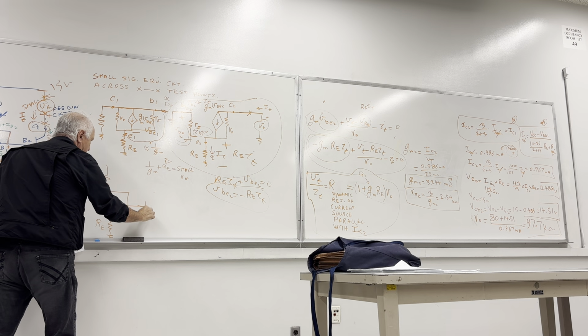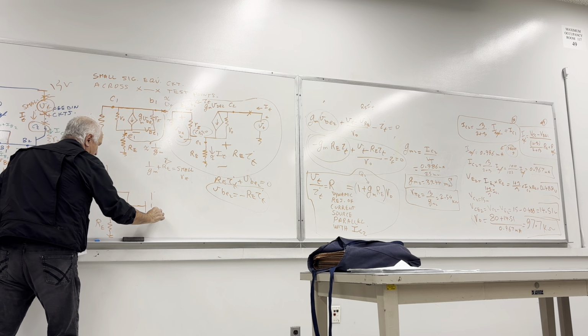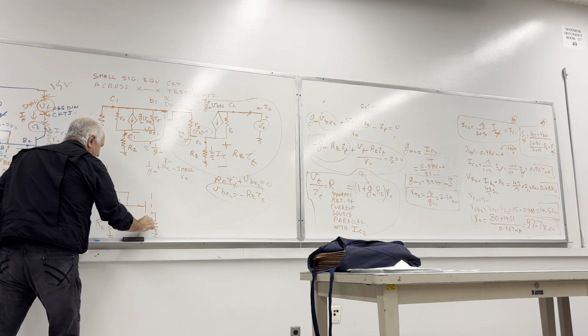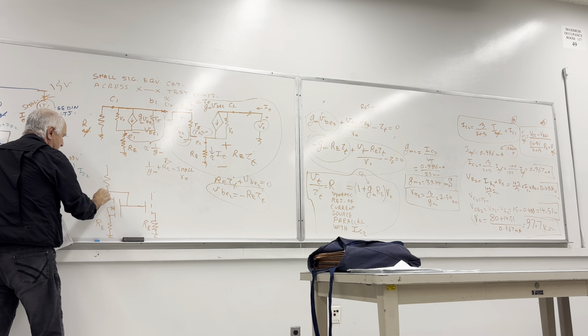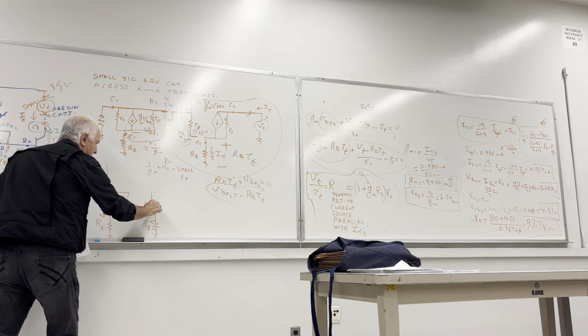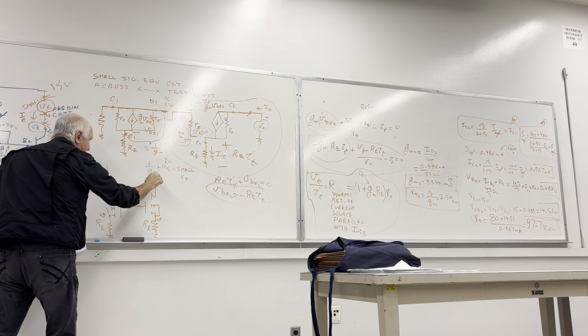This is the MOSFET version of the current source. RE, and that's the drain, source, that's the body. This is the body, which is always connected to the source, and that's the drain.